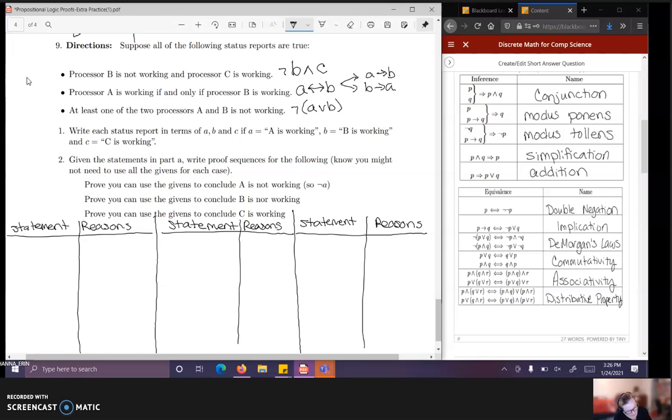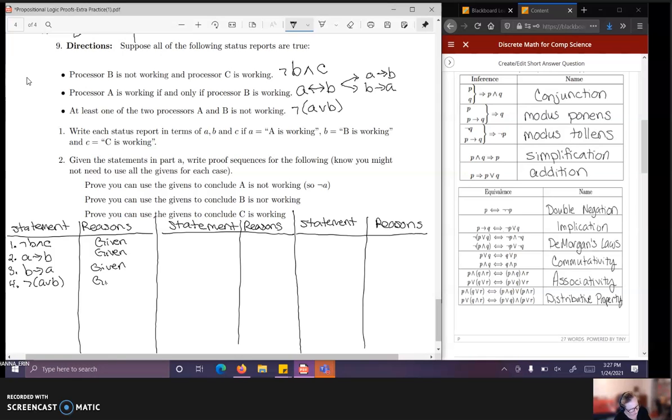In this case, we are going to list them as 4 because we're going to break that biconditional up into its two pieces. For the sake of a proof table, we're going to want to possibly use one of the ways and not the other to help our proof. So I'm going to just write down the givens for all of these before we tackle one.